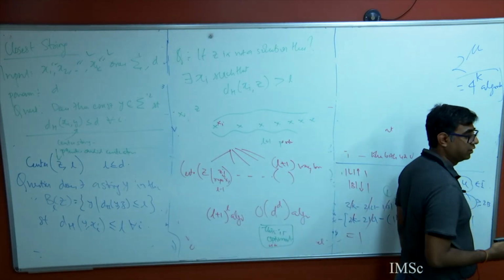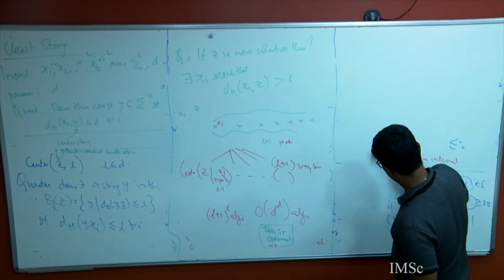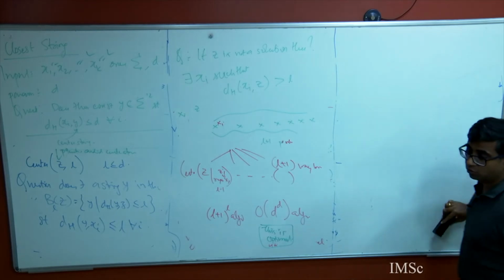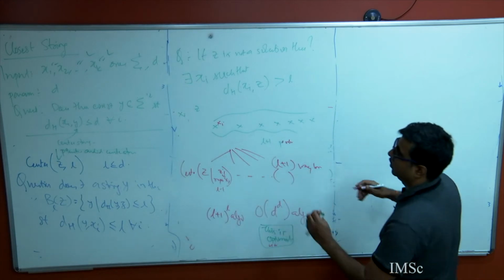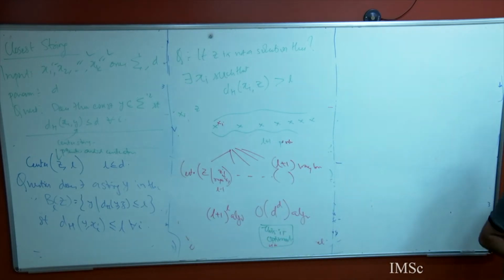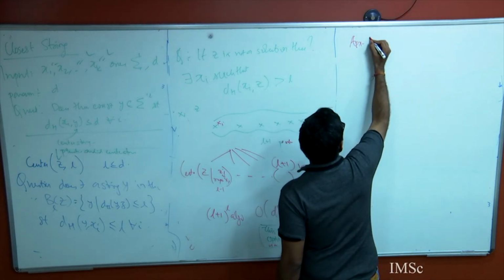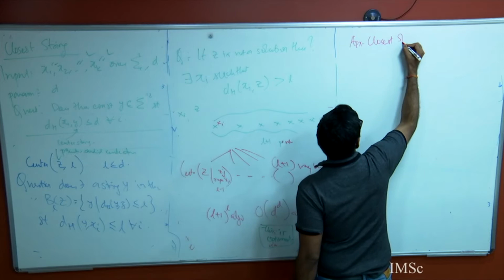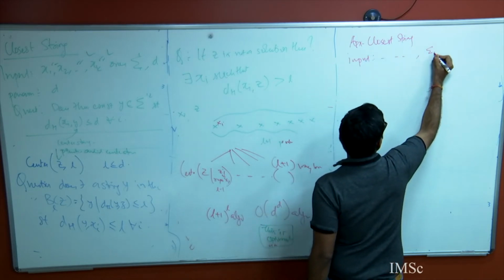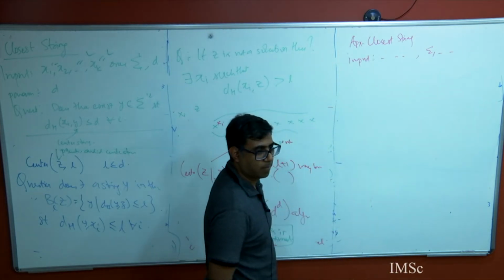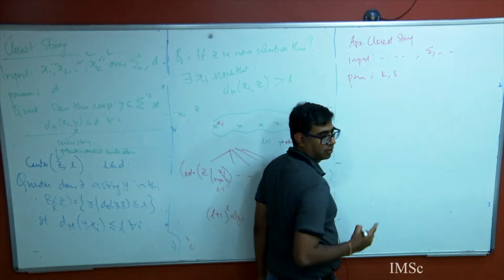So this is a good opportunity to introduce FPT approximation. Okay? So let me do that. So what is my goal? My problem remains the same, but my question changes. So the problem, say APX closest string: input is whatever it is, and you also give me epsilon. My parameter is k and epsilon, but what do you have to output?